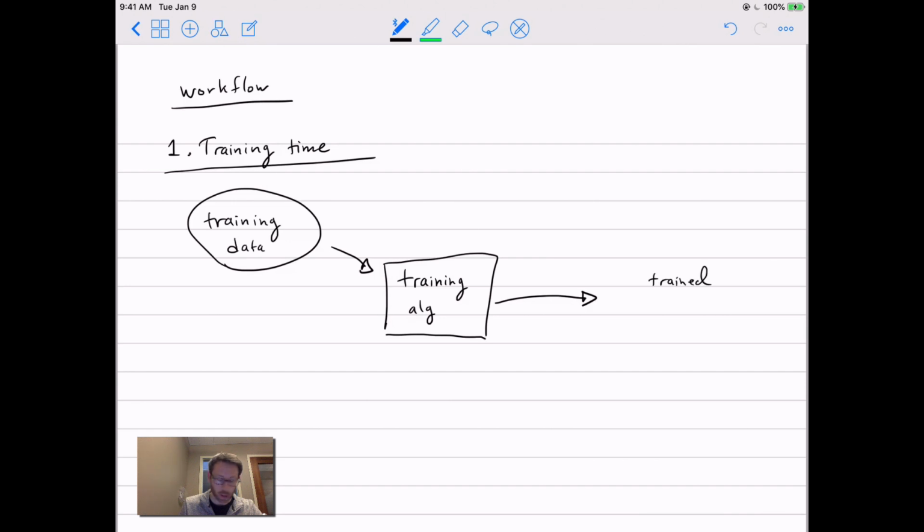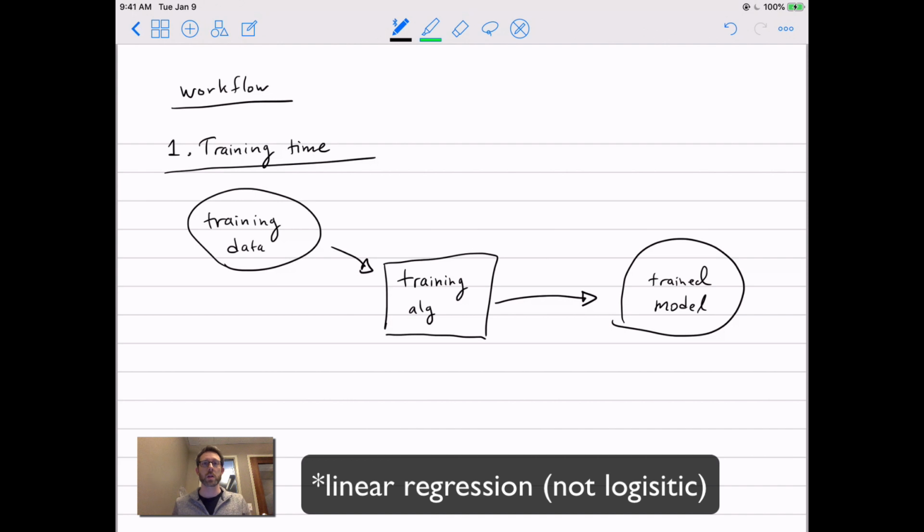If you were using a linear regression model as another kind of model, then there are some very classic and well-established ways of training such a model. Some models use iterative methods. Some models have closed-form solutions, such as linear regression with least squares. We don't have to get into that.